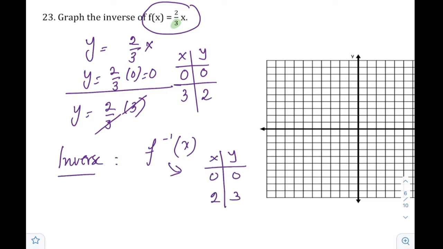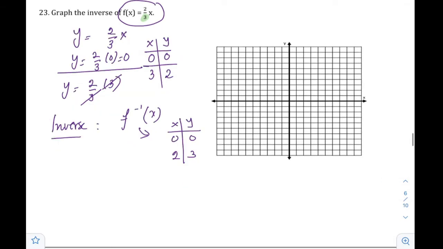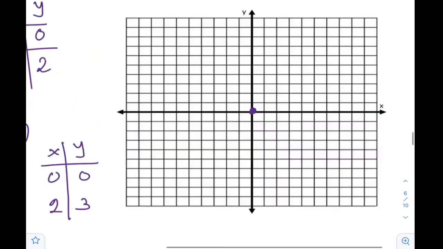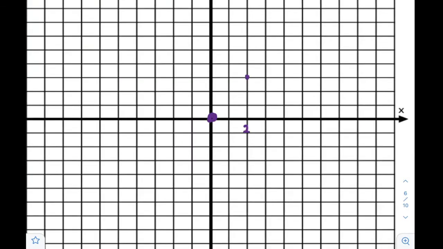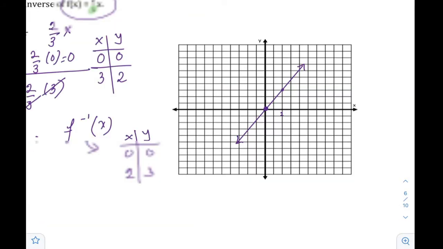And now we will plot these points. 0, 0 is over there, the origin. 2 with 3, go to 2, up to 3, and you have to match using your ruler. This is the line of the inverse.